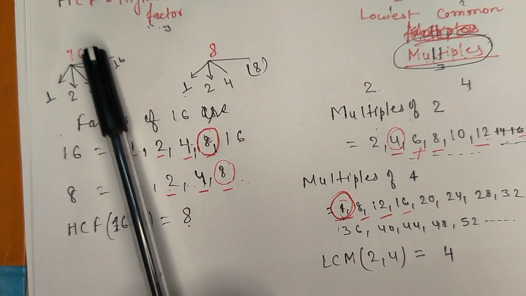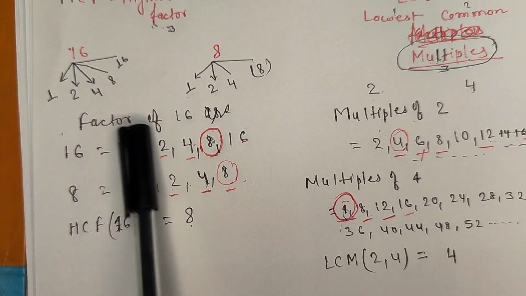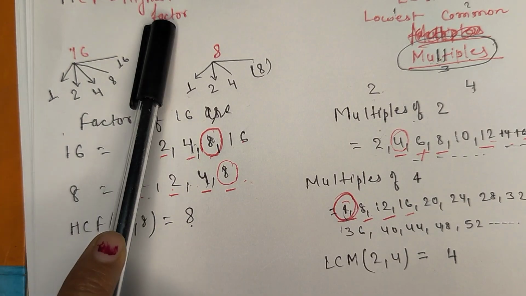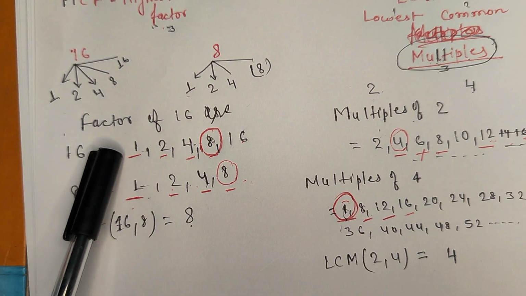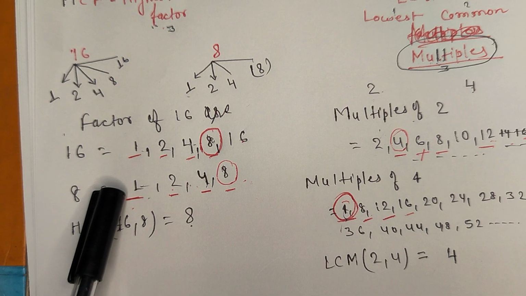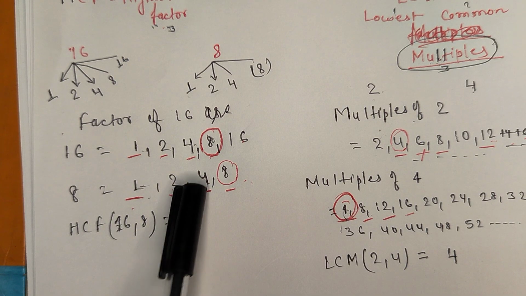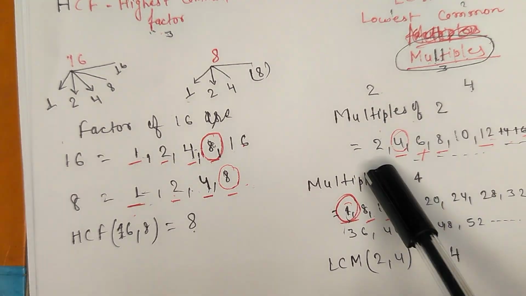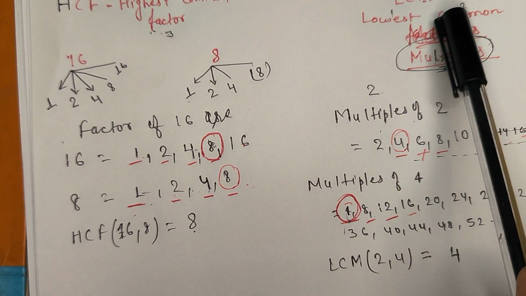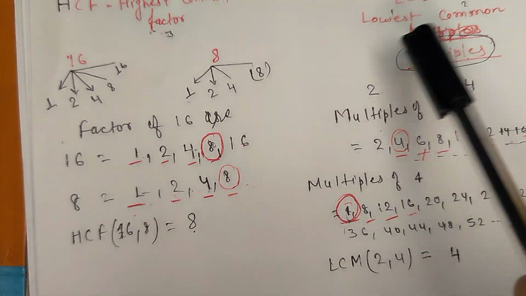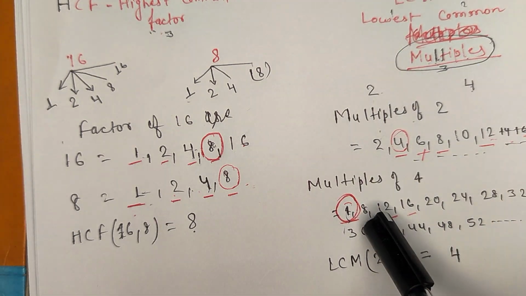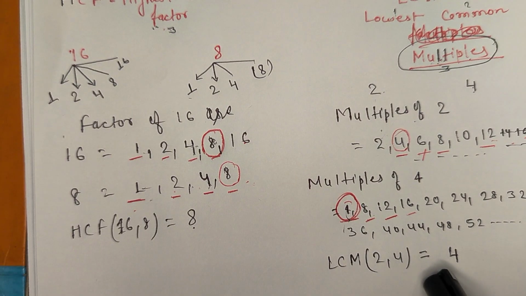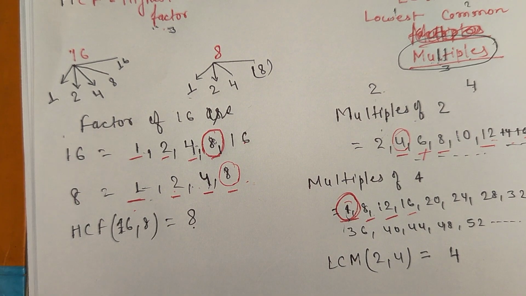When a question says highest common factor, you first find the factors, then the common ones, and then the highest common. For LCM, first find the multiples and common multiples and take the first common multiple. This is the lowest common multiple.